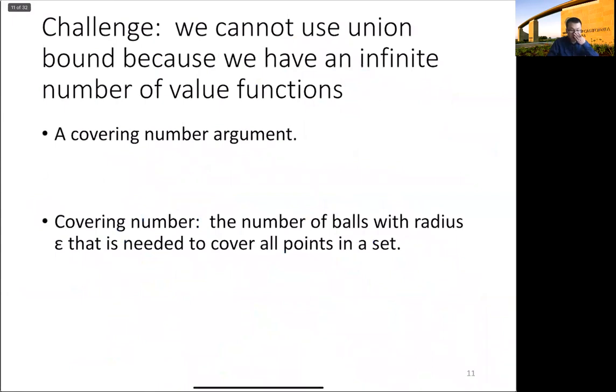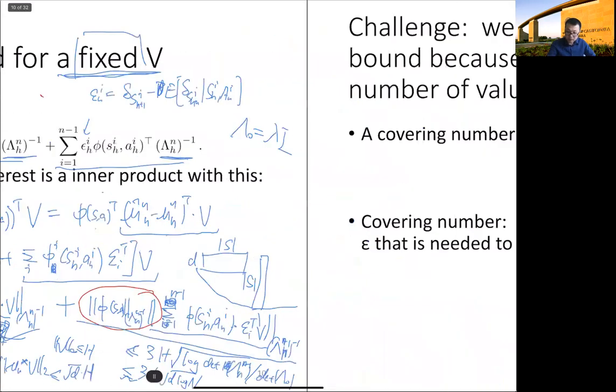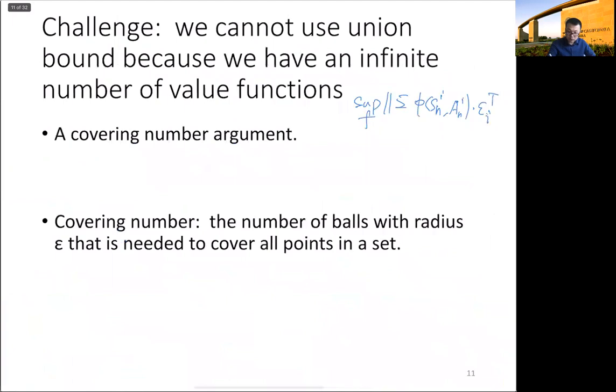Right, so that motivates us to consider the following problem: the sup over f of the summation of phi s i epsilon i transpose with f, measured in this norm of n inverse.